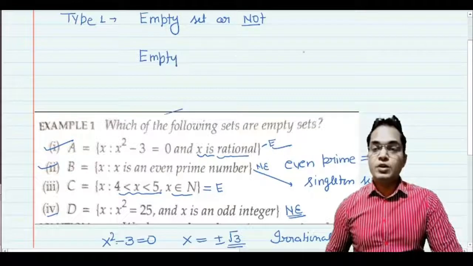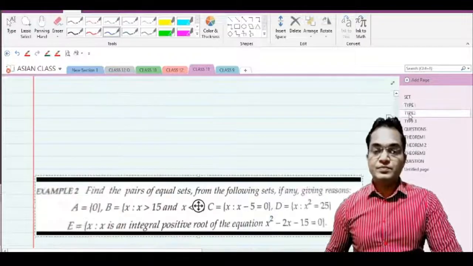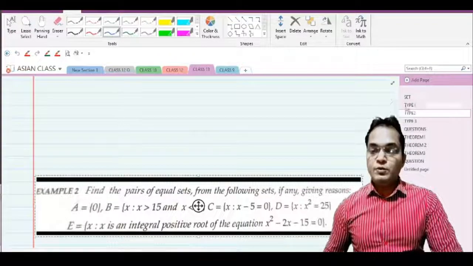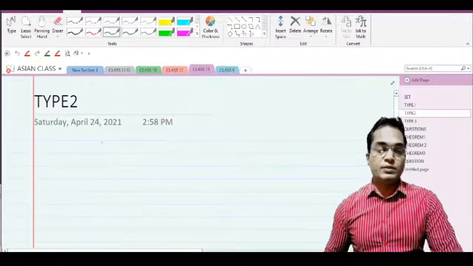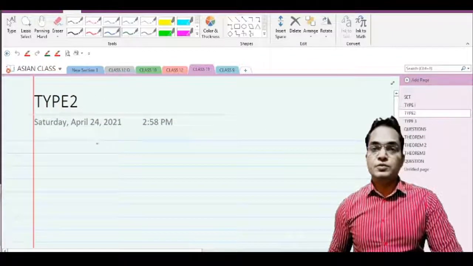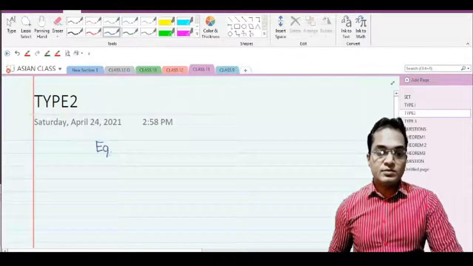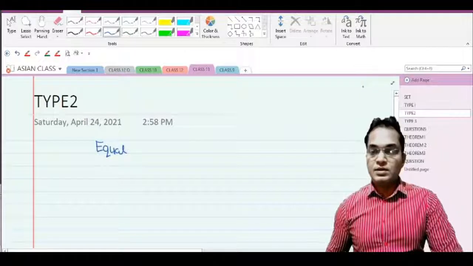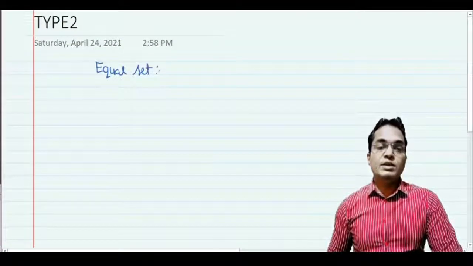Yes or no? Now we are going to check type 2. Type 2 problems are based on whether sets are equal or not. What is the meaning of equal sets?